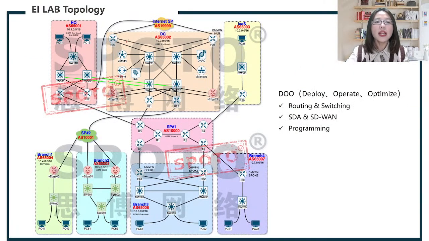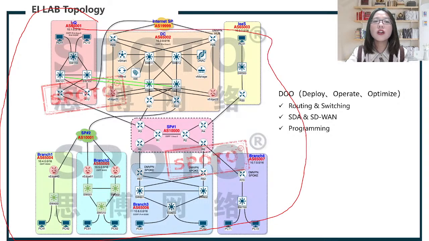Okay, so this is the complete EI Lab topology diagram, which is mainly configured from routing and switching, SDN and SD1 programming. This belongs to the HQ category, and this module belongs to the DC category.